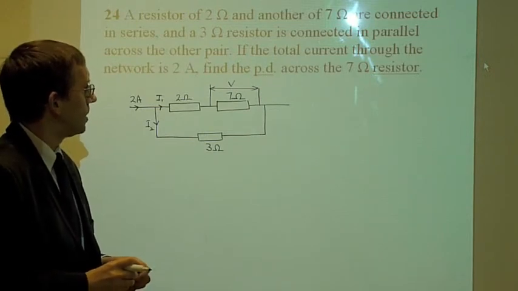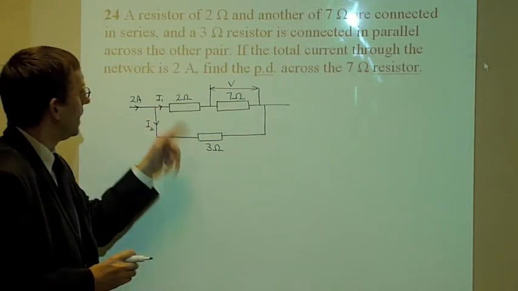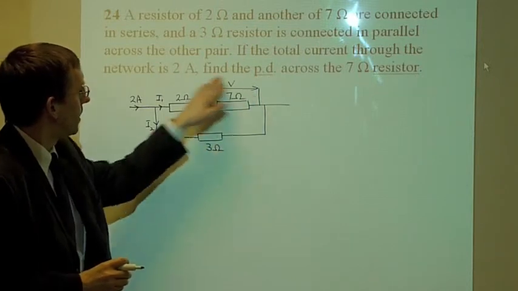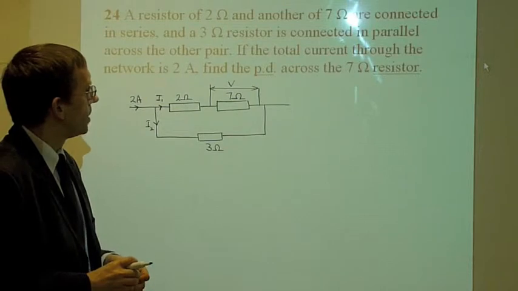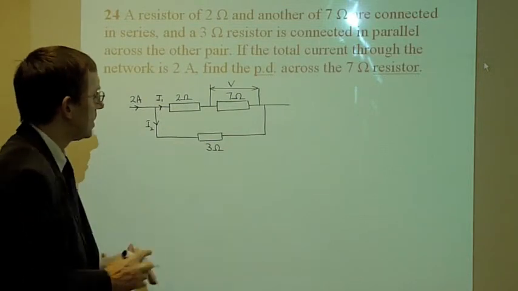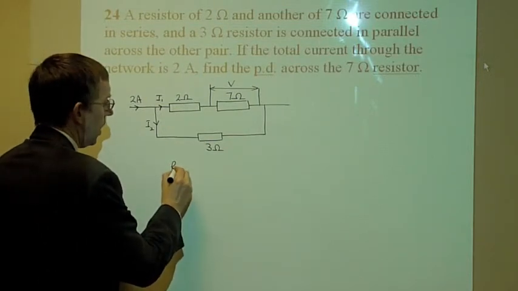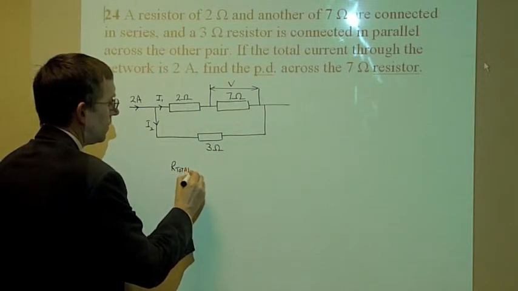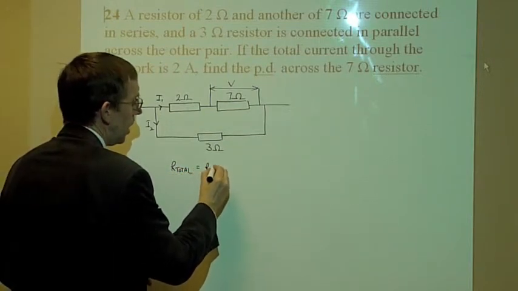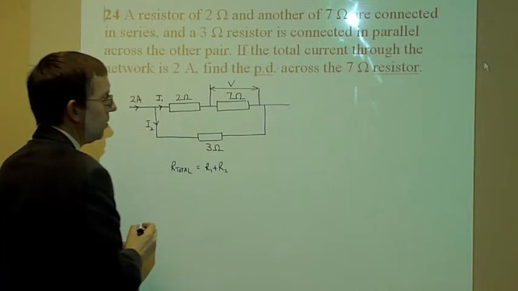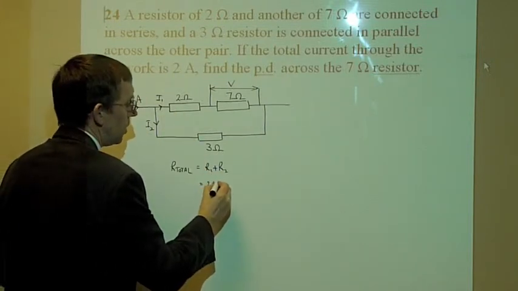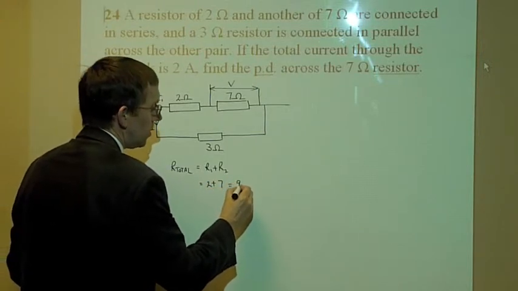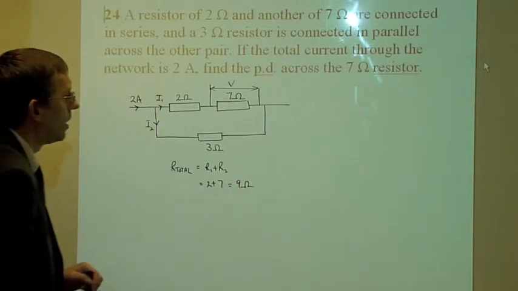Okay, so to find I1, I'm going to have to treat this bit as just one resistor. So I know that when resistors are in series, R total is equal to R1 plus R2. So that's equal to 2 plus 7, which equals 9 ohms.